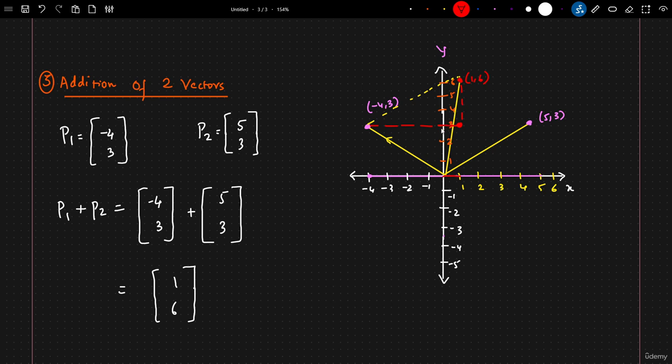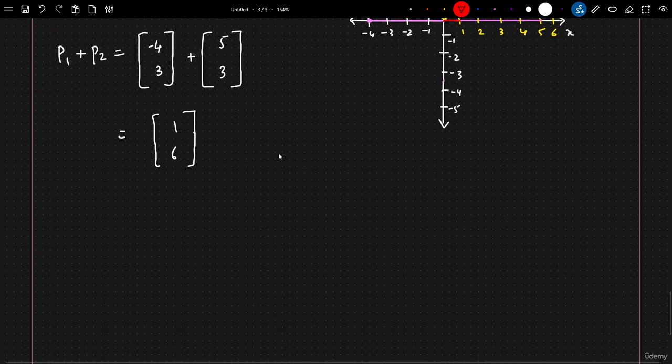Now you can do the same operation for any number of dimensions. Let's say I have a point given by a vector, represented by x1, y1, z1, and let's say I have my b point represented by x2, y2, z2.